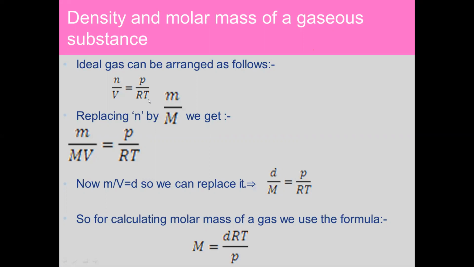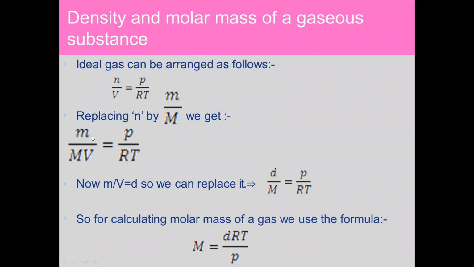Now replace the number of moles by small m upon capital M. Small m represents the mass of the gas in grams, and capital M represents its molar mass. So it can be written m upon M V is equal to P upon RT.